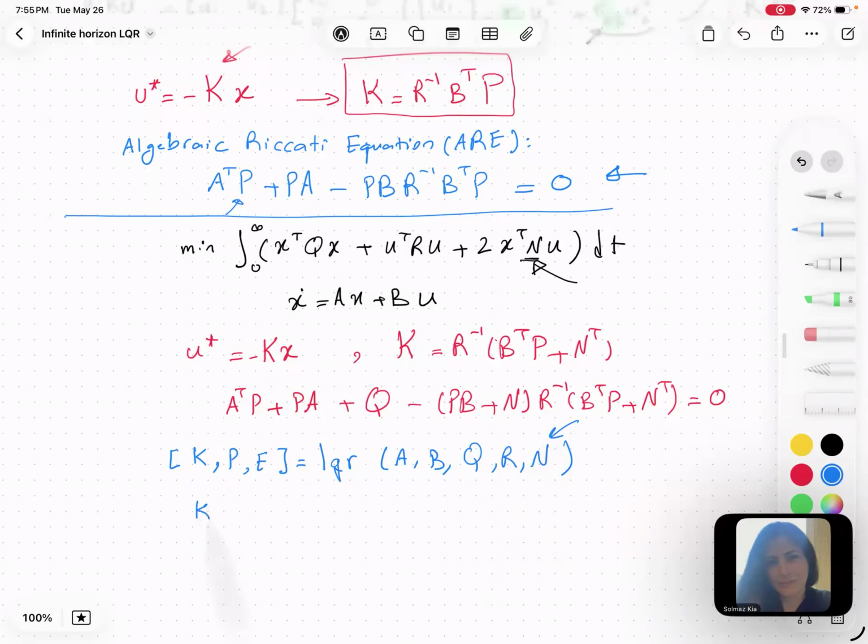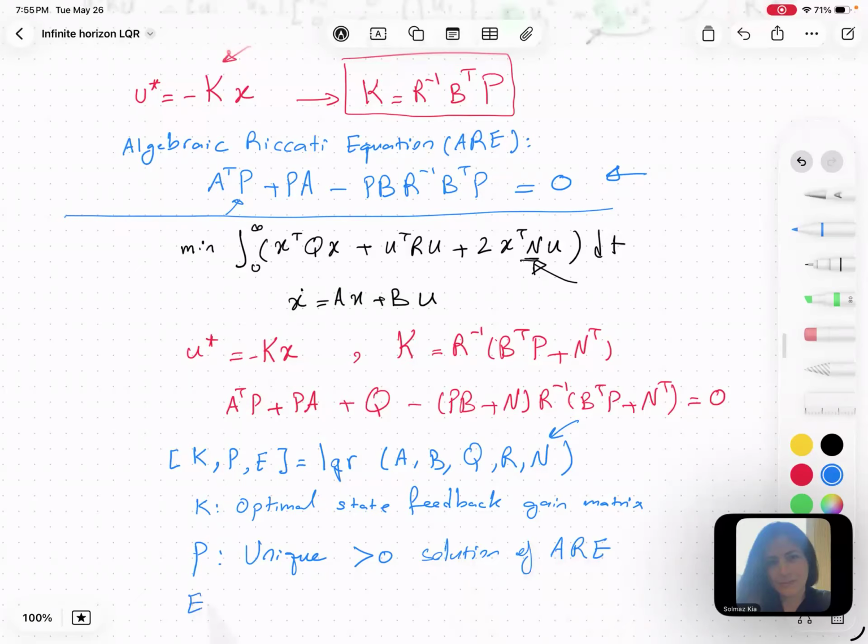And what it would give you is the gain K. It would also give you P, the unique positive definite solution of the algebraic Riccati equation, and E, the closed-loop eigenvalues of A minus BK.